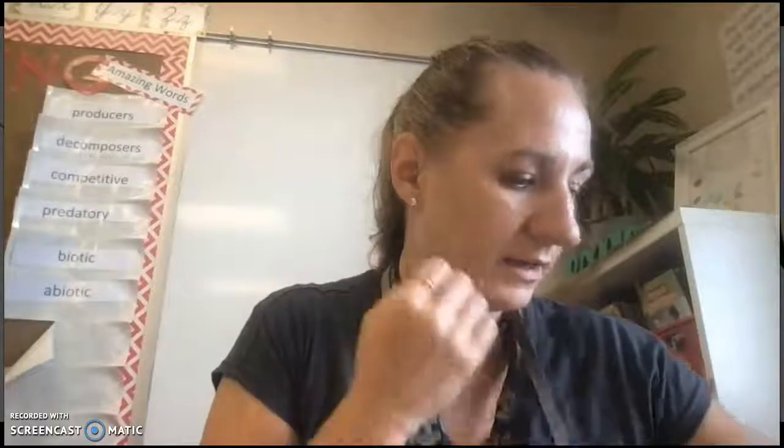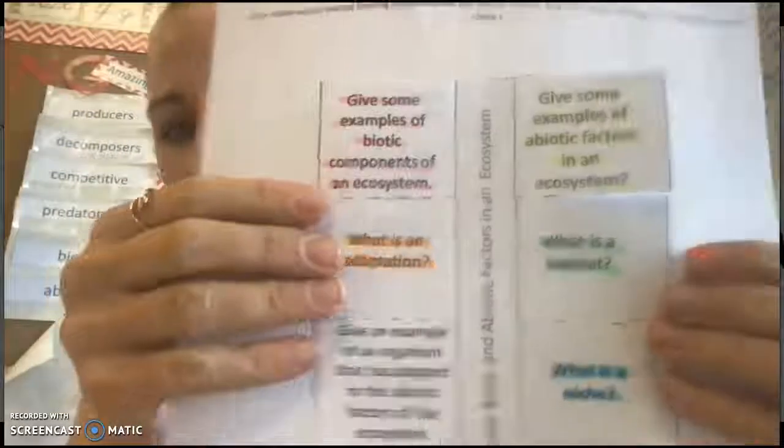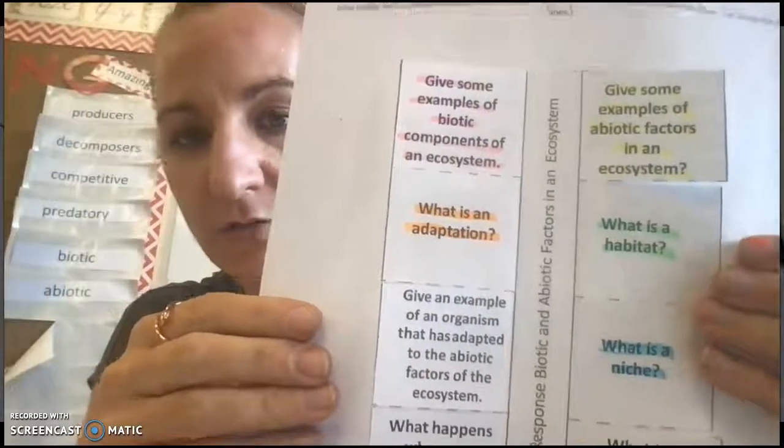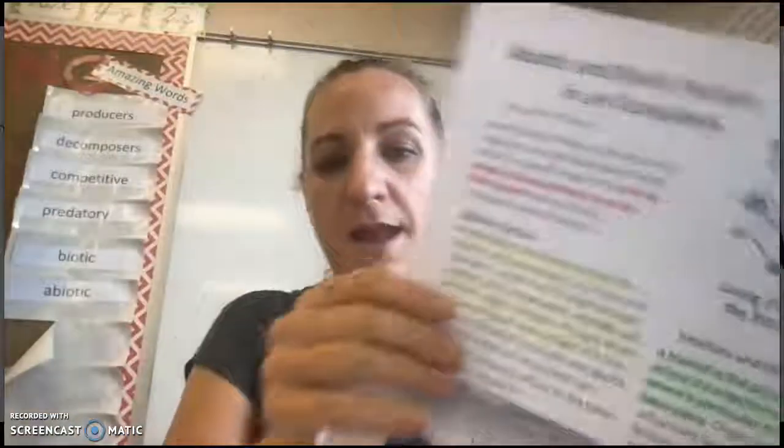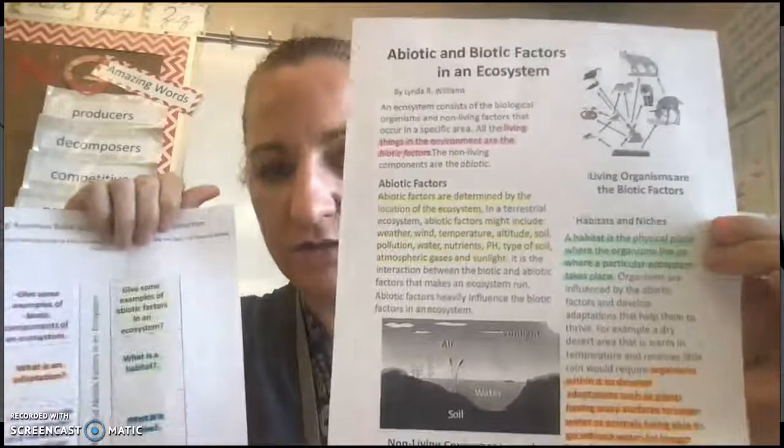All right, tomorrow we are going to learn about abiotic and biotic factors. You're going to read it in your packet, so I'm going to give you a quick overview. You're going to cut out this paper that is in your cutout packet and glue it on here. Then you're going to read this passage to answer all of these questions.